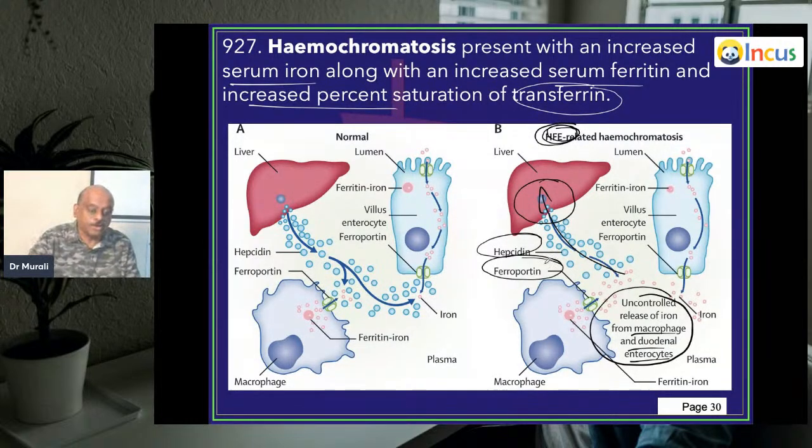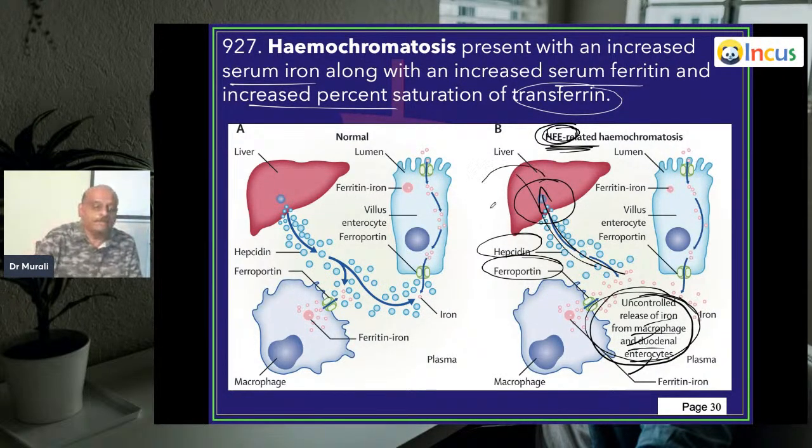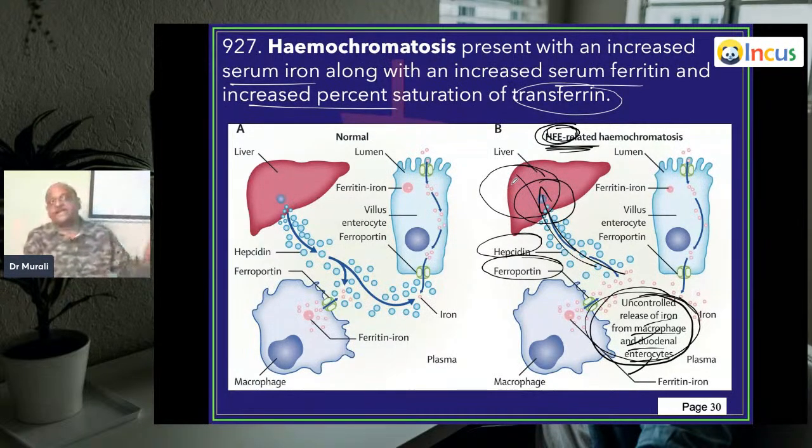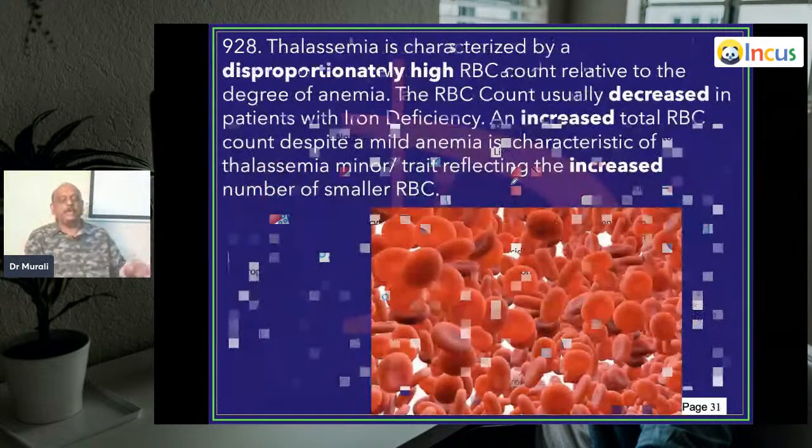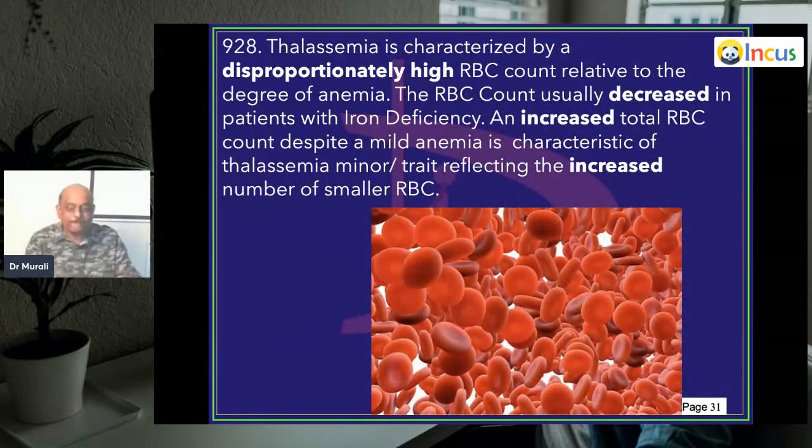So if the HFE gene is abnormal, mutated, then there is an uncontrolled release of iron from the enterocytes and macrophages that becomes loaded into the liver, is what you need to remember. That's the reason increased serum iron, increased ferritin, increased transferrin saturation is equal to hemochromatosis, is what you need to emphatically remember for tomorrow's exam.